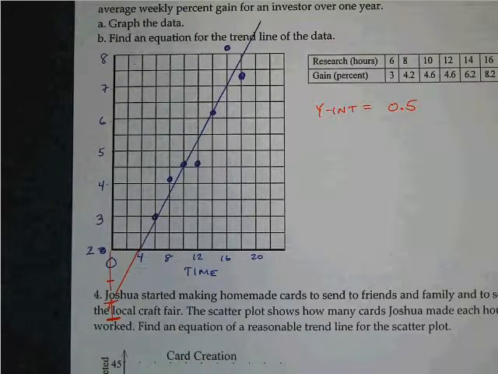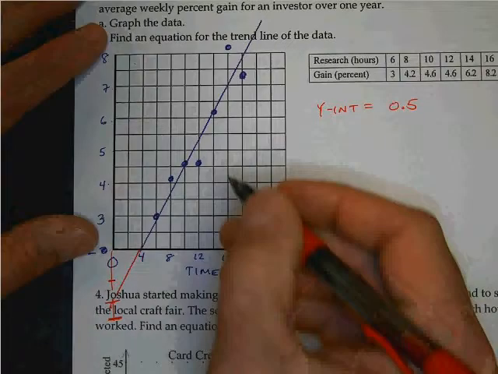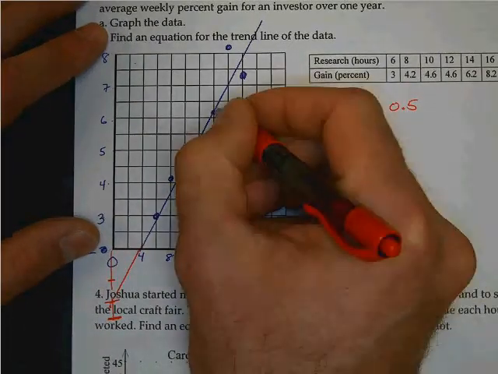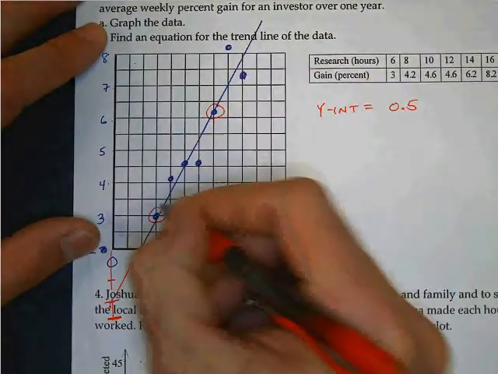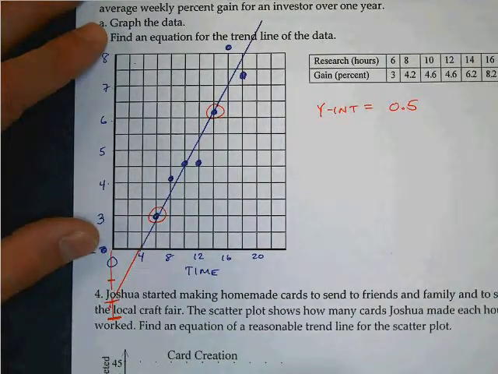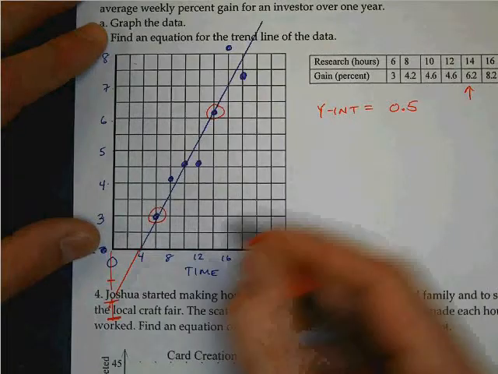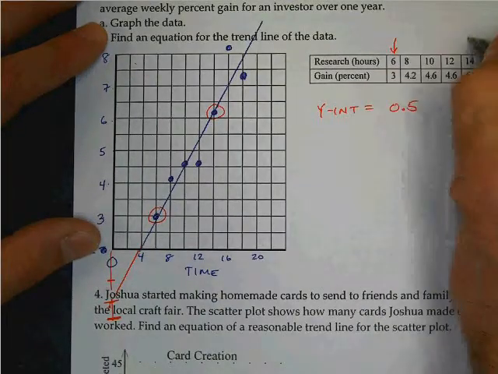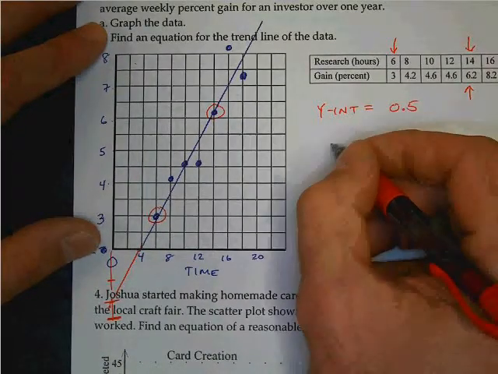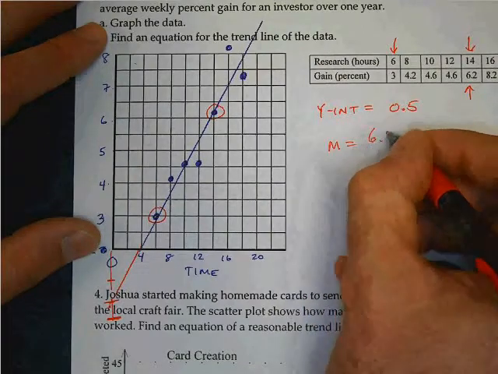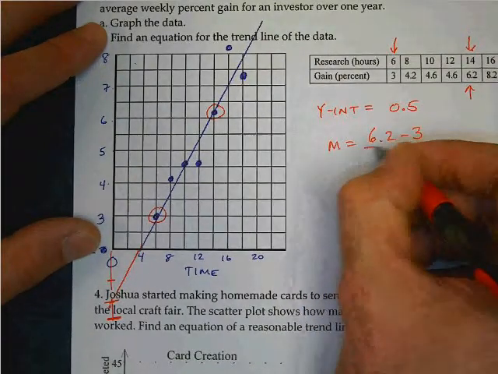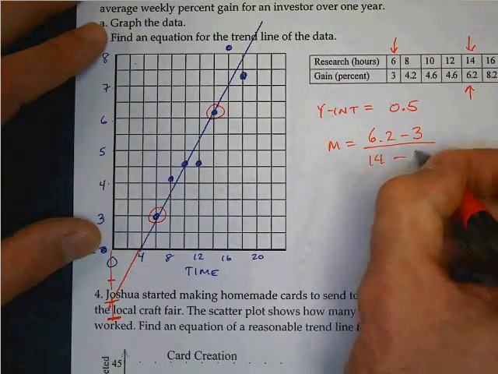Now we've got to find our slope. We're going to need some calculators, so if you have your calculator, grab it out. I'm just going to pick 2 points on here that I know. This one for 14 and this one for 6. So my slope is 6.2 minus 3 divided by 14 minus 6.